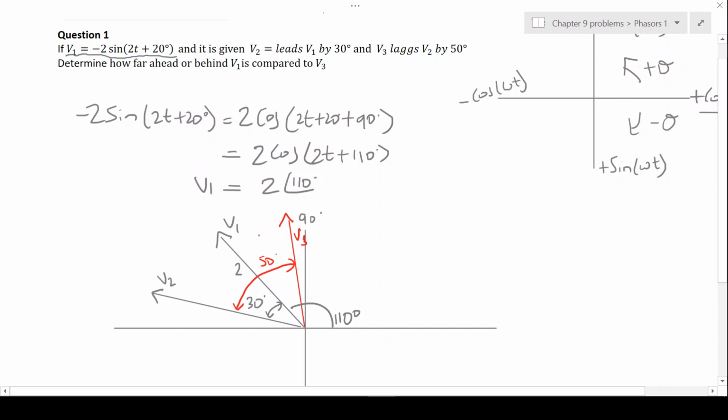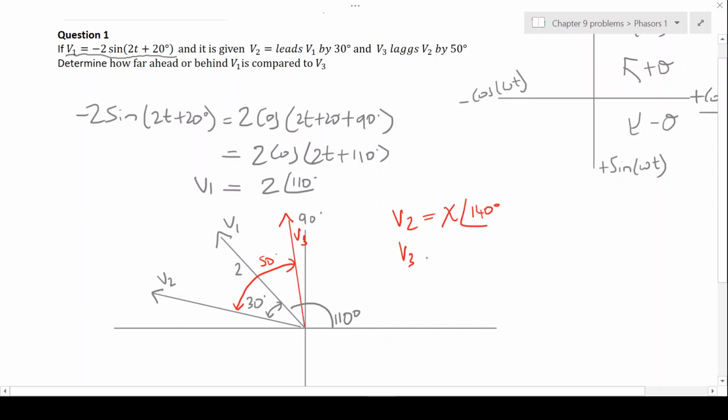Right. So now the question says, how far ahead or behind is V1 when compared to V3? Right. So we've got that V1 is at 110 degrees. V2 is 30 degrees ahead of V1. So therefore V2 is going to give us a value, let's call it X, whatever the value is, angle, and the angle will then be 110 plus 30, which will be 140 degrees.